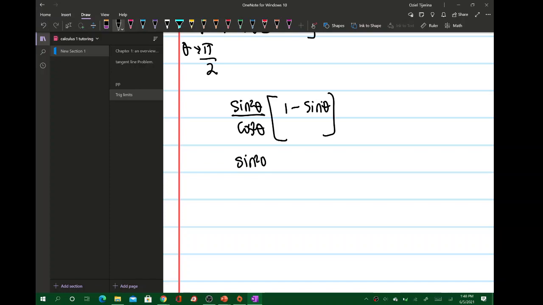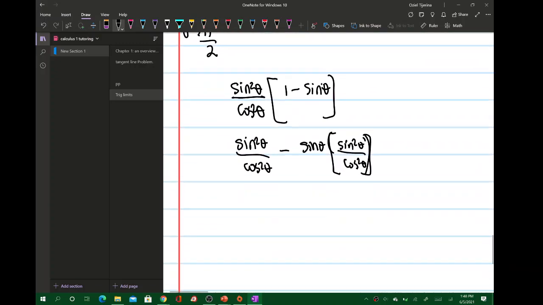Sine squared theta over cosine squared theta minus sine theta. Or no, sine cubed theta. Or rather, minus sine theta times sine squared theta over cosine squared theta. This one, you have to be careful.